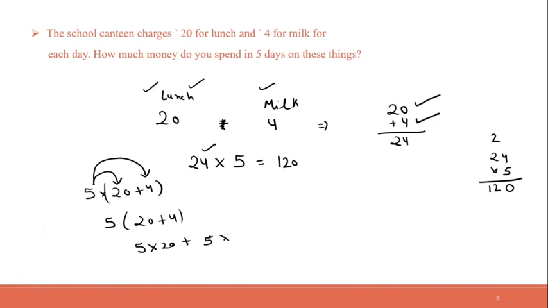Then 5 into 4. What will you get if you multiply 20 with 5? 20 into 5 is 100. 5 into 0, 0. 5 into 2 is 10. So it is 100 here plus this 5 into 4, which is 20. So it is 120. You can do it either way, the way you find more convenient.